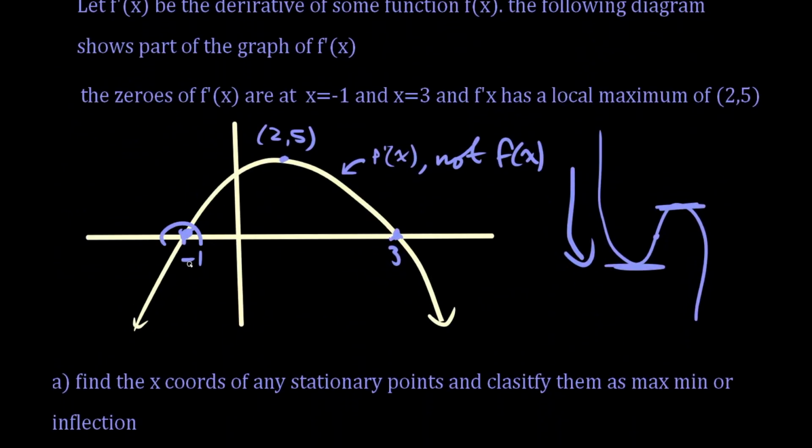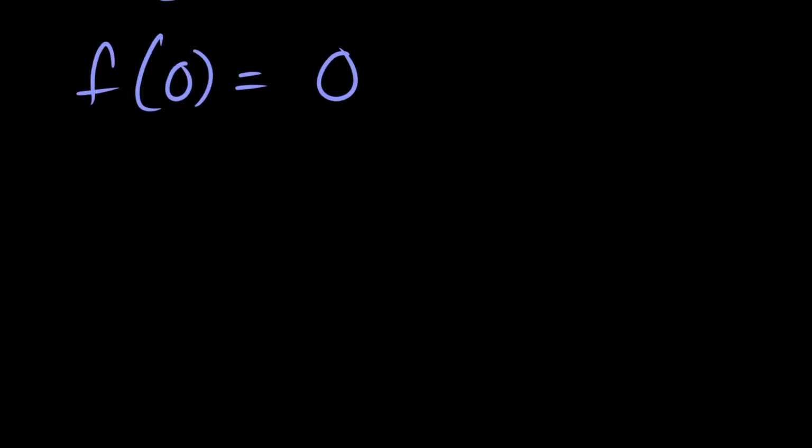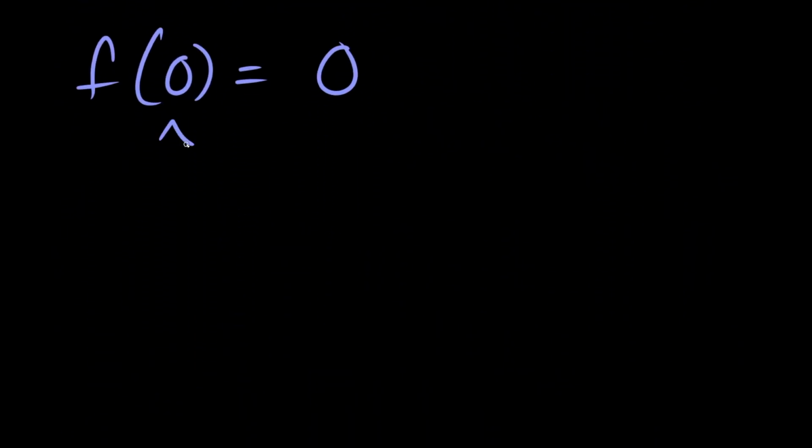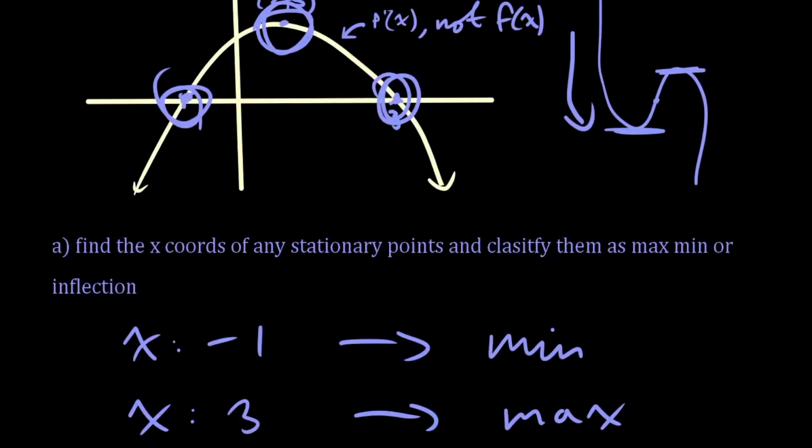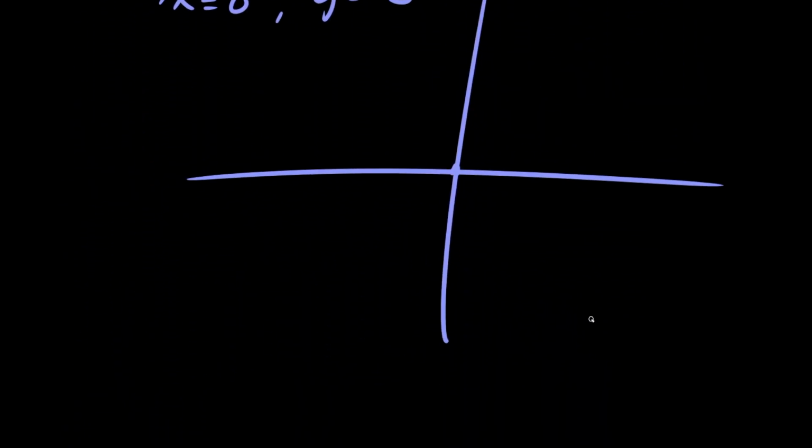So some of the points to notice are going to be here, here, and here. And now that we have f of 0 should be equal to 0, that means when x equals 0, y equals 0, right? That means we start at the origin point. We know that we need to have a local minimum and a local maximum. So to sketch this graph, it's probably going to look something like this.